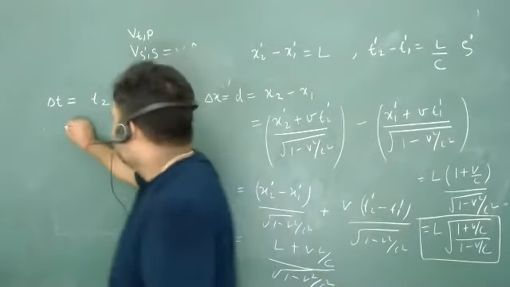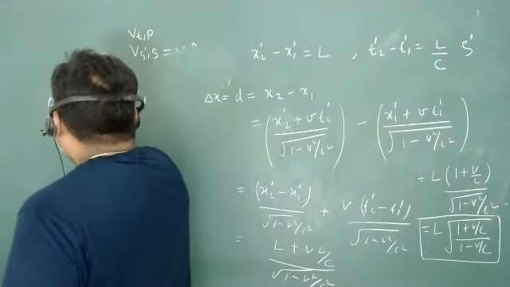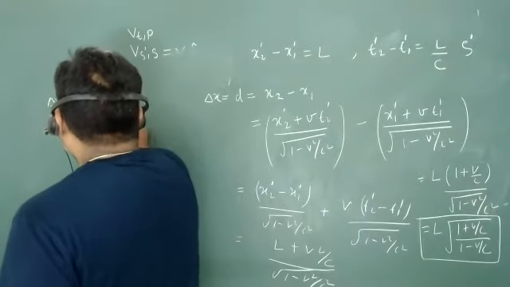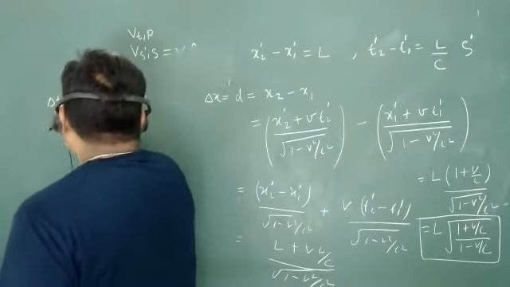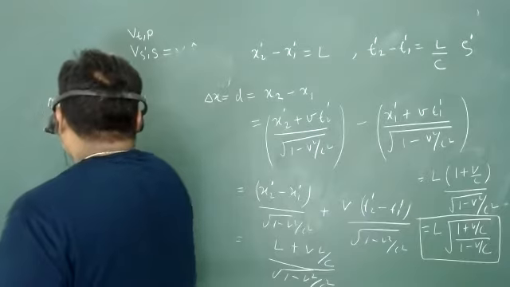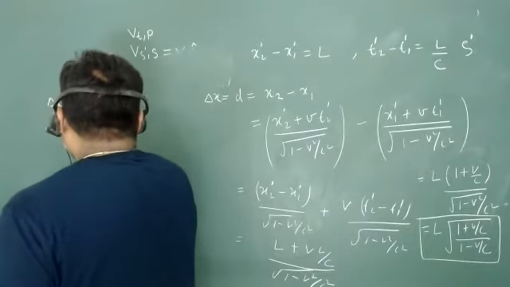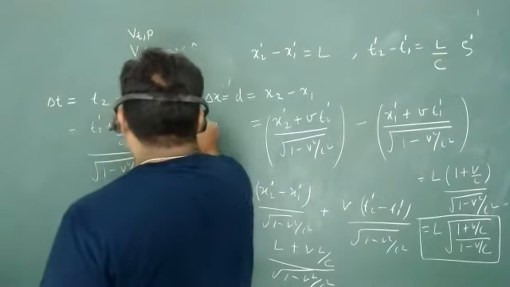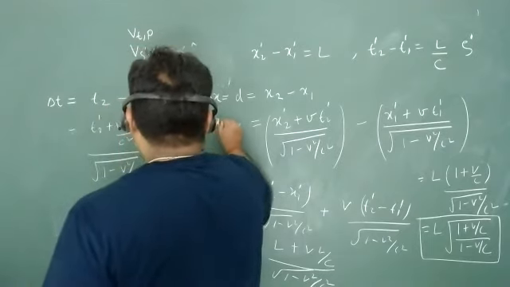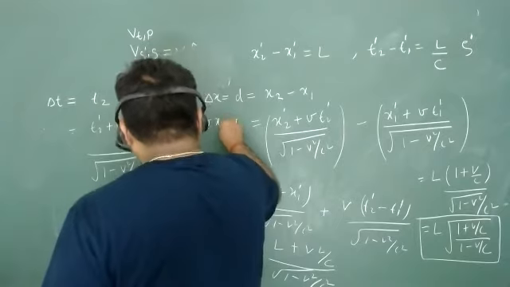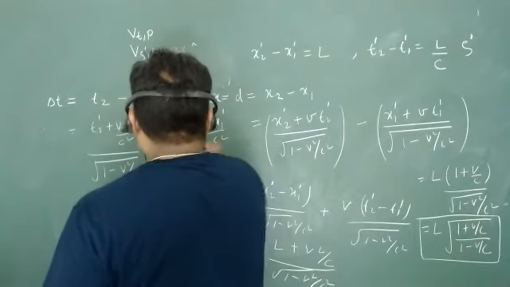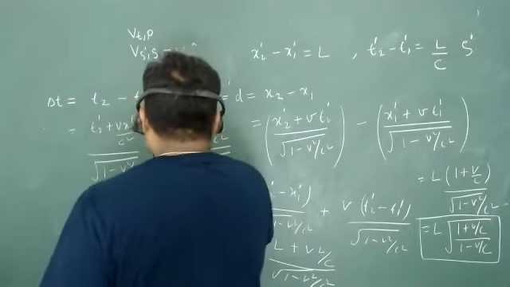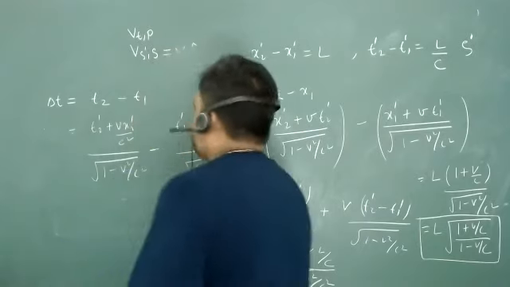And then we can just write (t2' + v x2'/c²) / √(1 − v²/c²) minus (t1' + v x1'/c²) / √(1 − v²/c²).